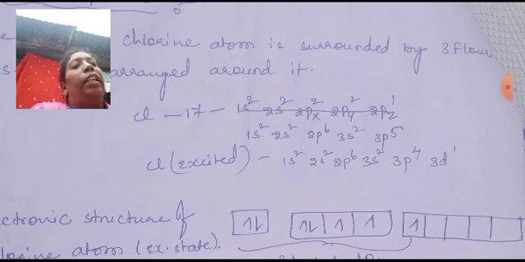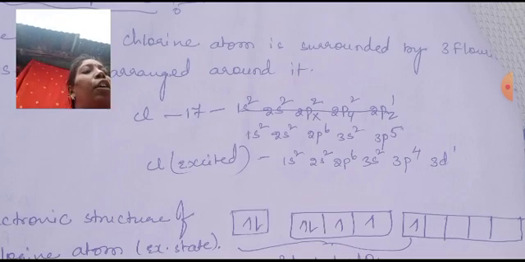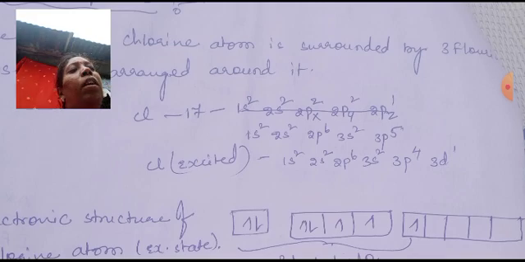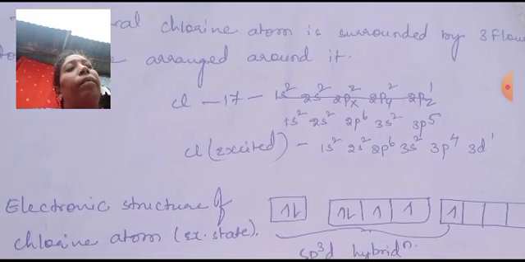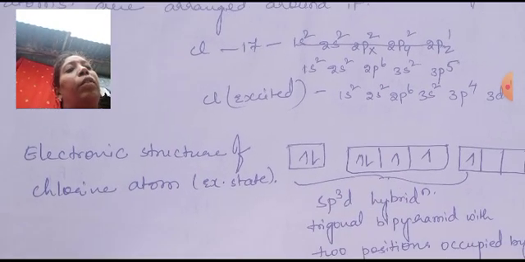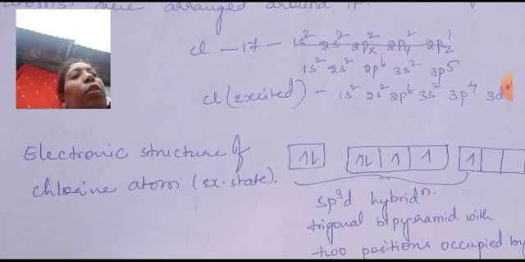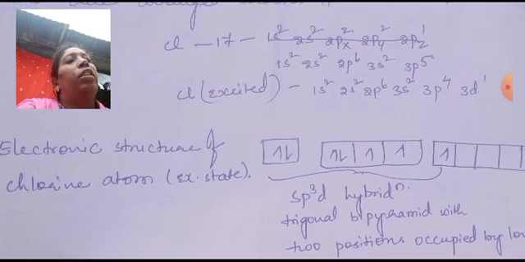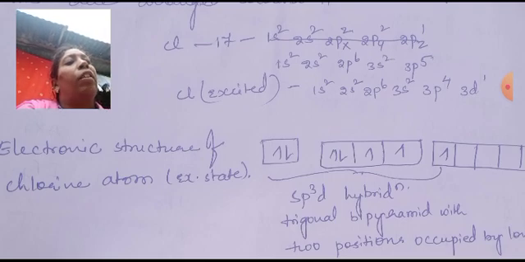In the chlorine excited state, one of the electrons from the p orbital will jump into the d orbital. That's why instead of 3p5 it has got 3p4 and 3d1. If you see the electronic structure of the chlorine atom in the excited state, there are 4 electrons and 1 electron here.